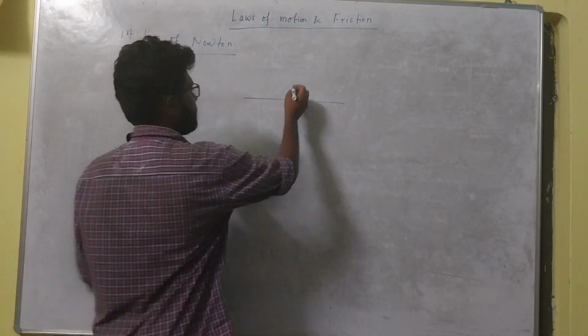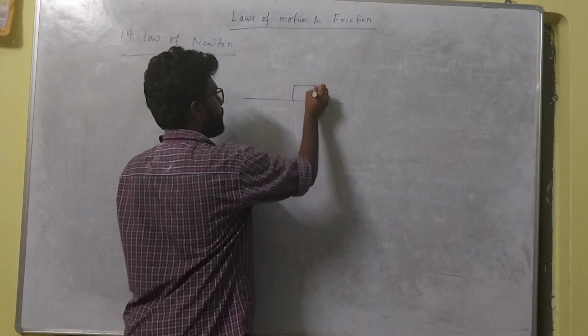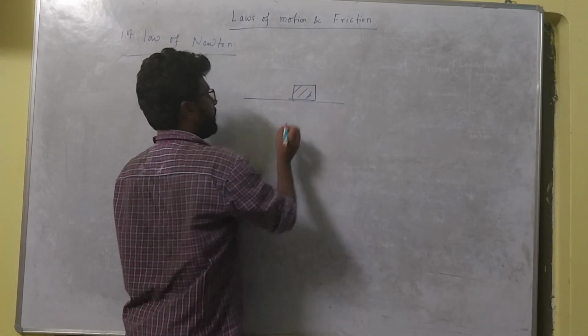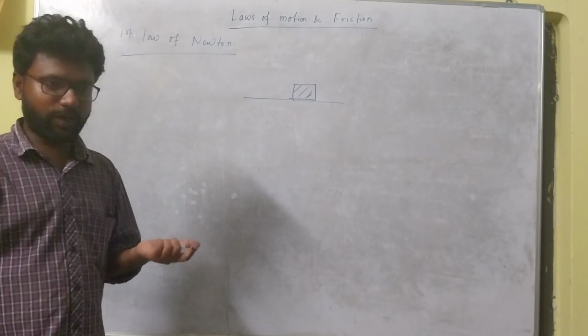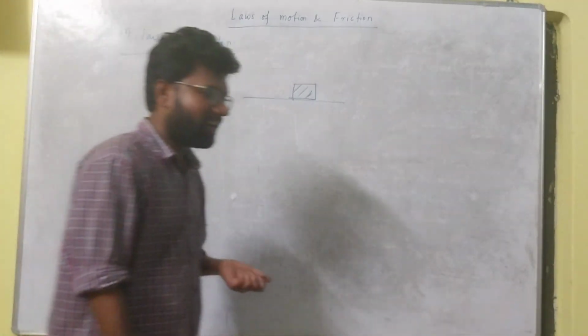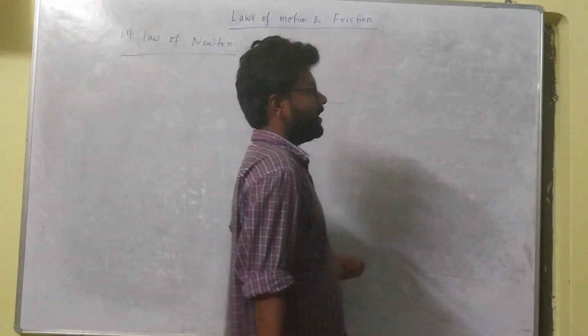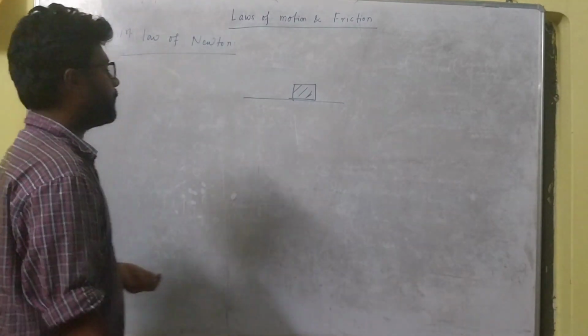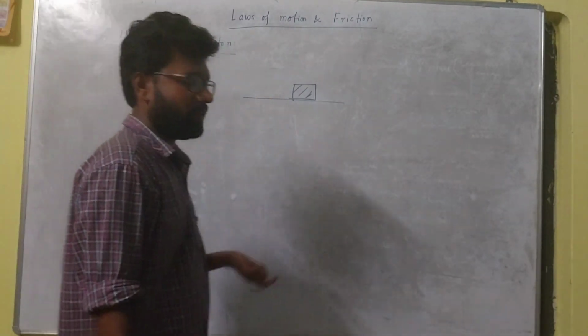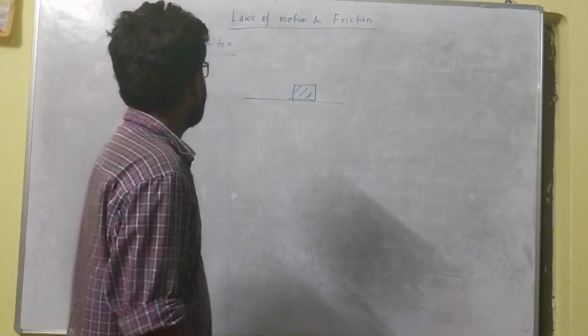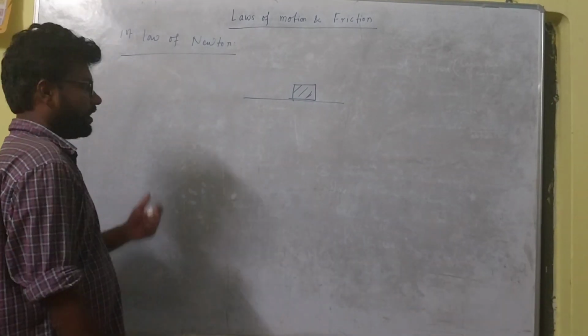The picture here gives a block, and the block is at rest. Until and unless you apply a force, it stays in the rest position. And that's the first law.